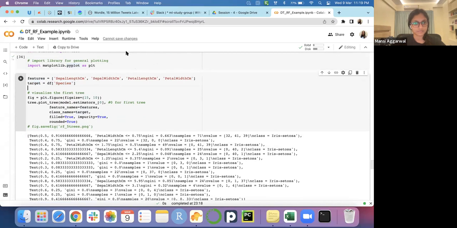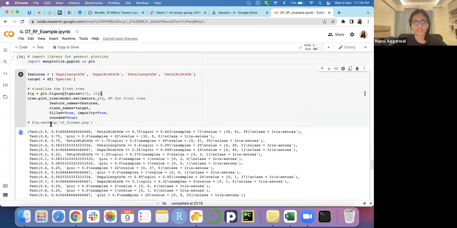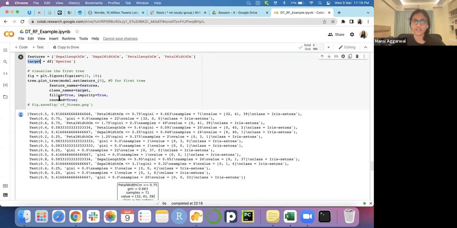And then we're using the tree module from sklearn and the plot function for the tree. And from the model estimators, we're using the first tree, that is the first estimator. Feature names is these features. Class names comes from the target, the unique values of the target.